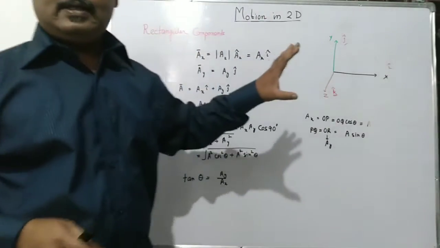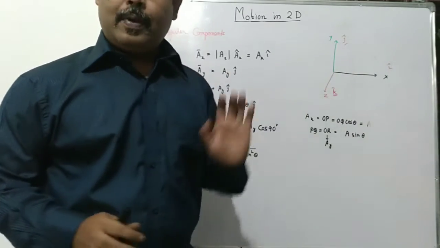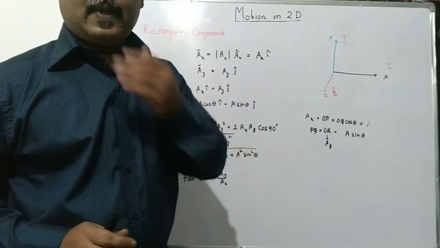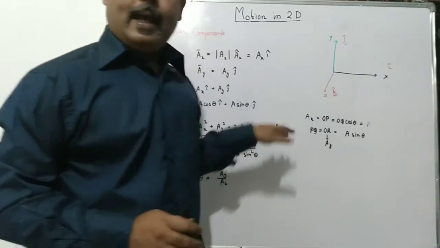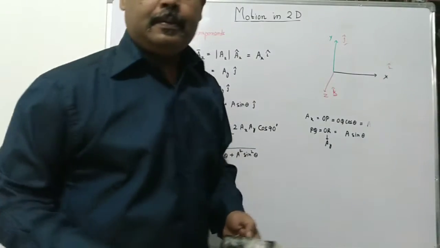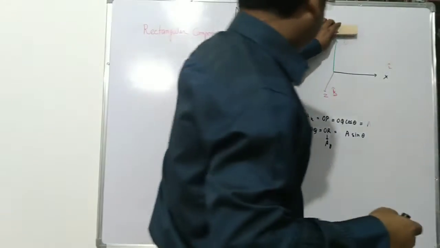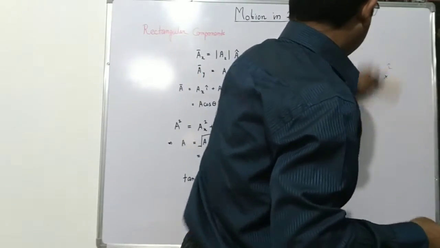Then we can always express it, or resolve it, into 3 mutually perpendicular directions along the x-axis, y-axis and z-axis. How to do this? For that you have to draw it a little bigger and more clearly.